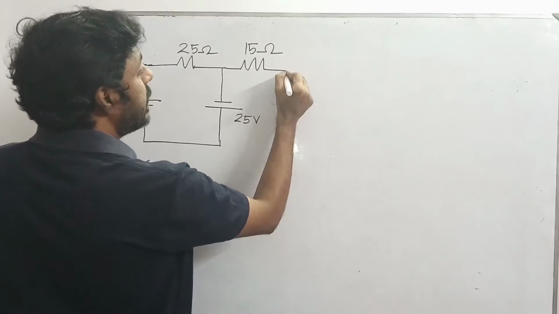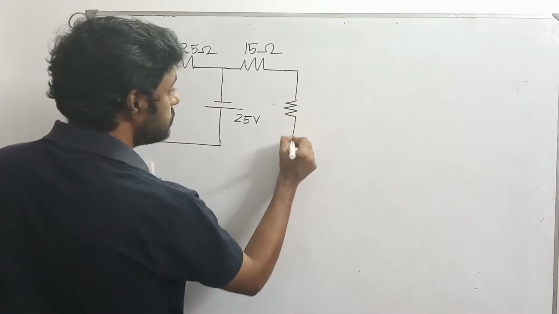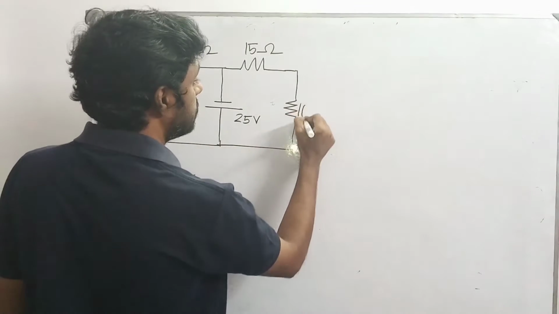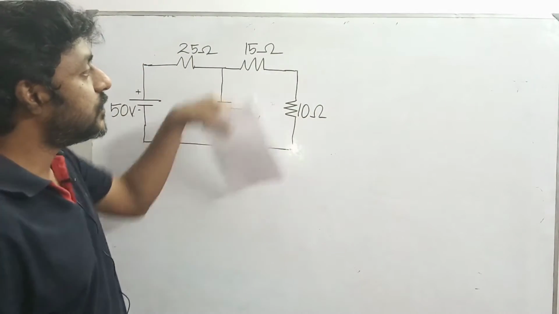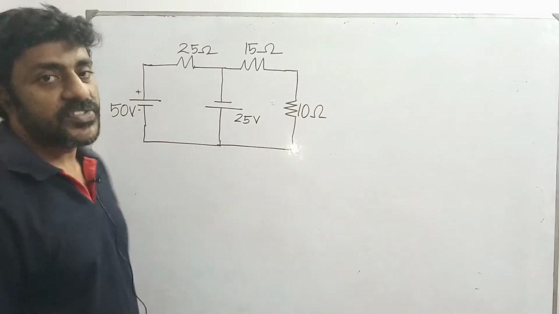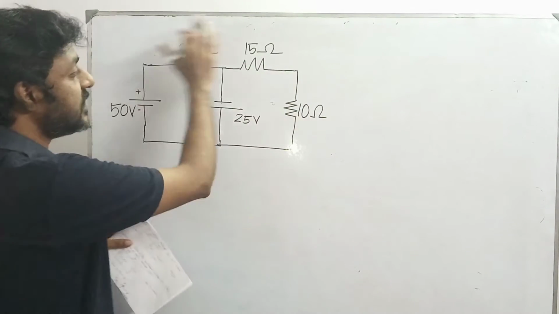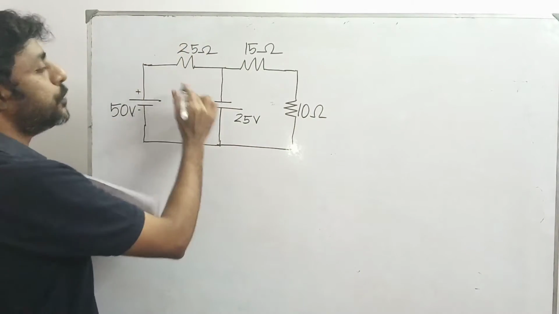Now in this branch again I am connecting another resistor of value 10 ohms. The resistor connected in series with this 15 ohm resistor is 10 ohms. So this is the fundamental circuit that needs to be considered.